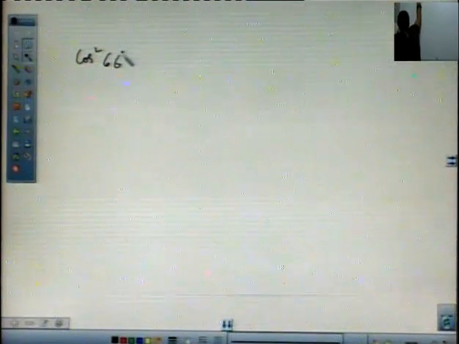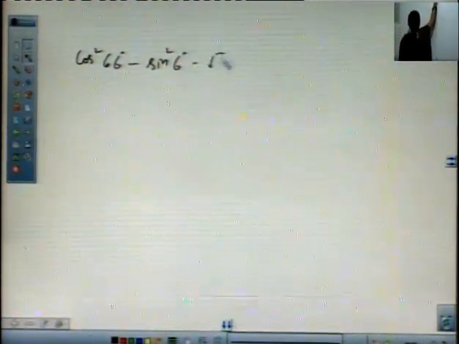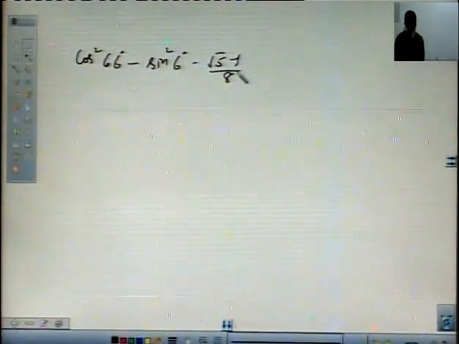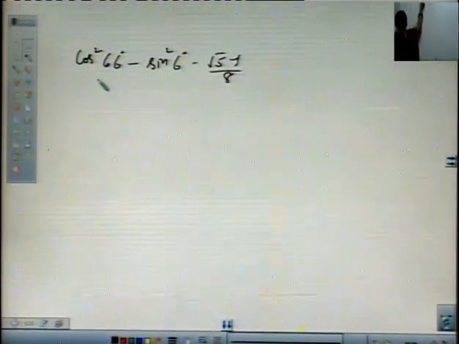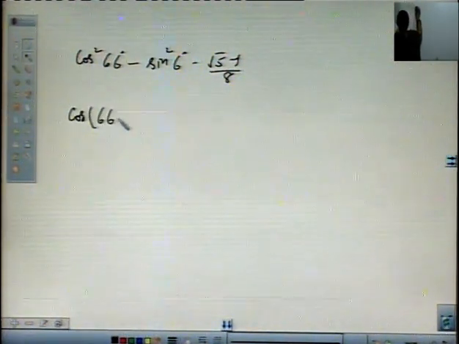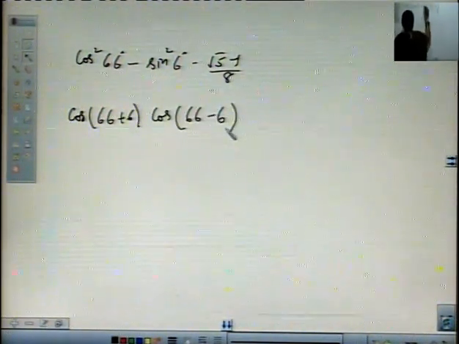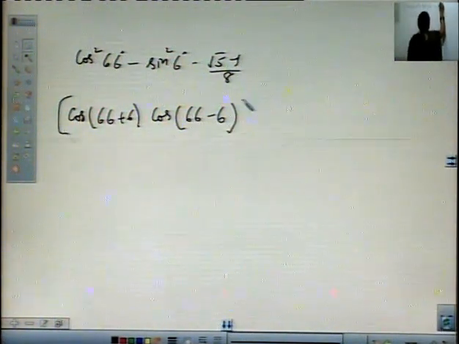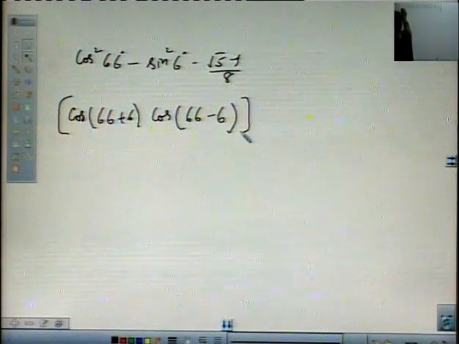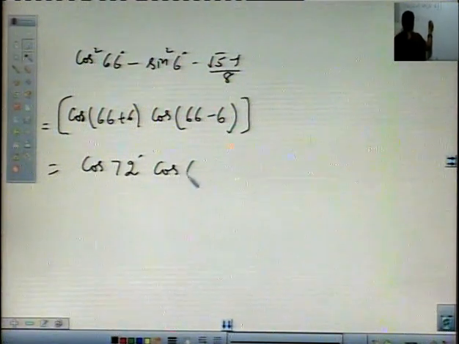Now next question. Prove that cos square 66 minus sin square 6 degree is equal to root 5 minus 1 upon 8. Now we know the formula: cos square A minus sin square B is cos of A plus B times cos of A minus B. It will be equal to cos 72 times cos 60.